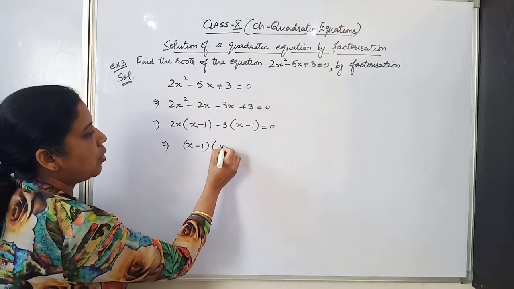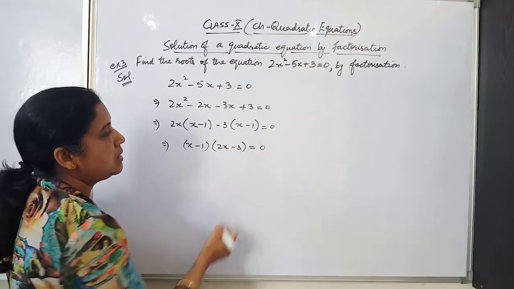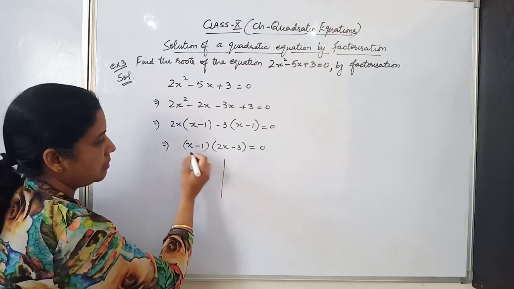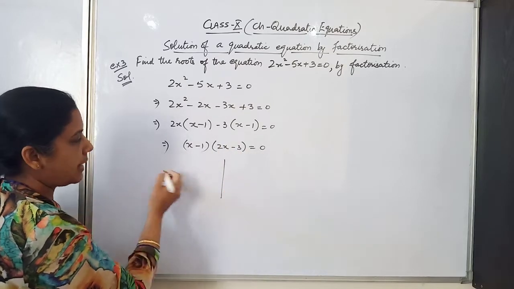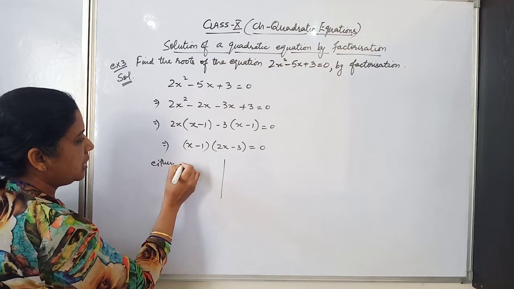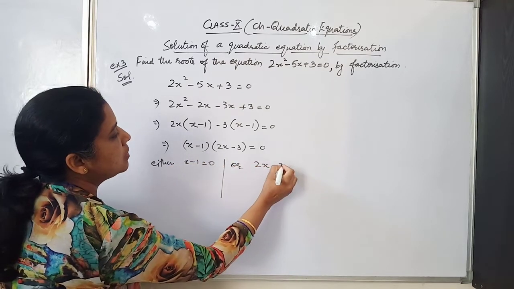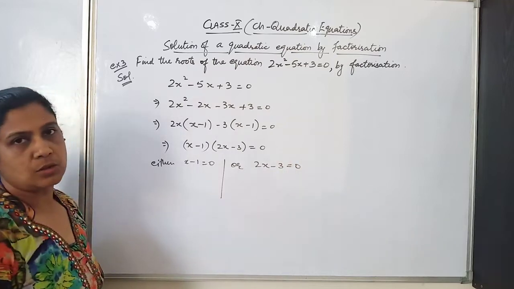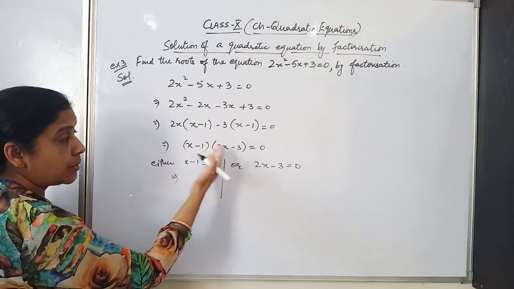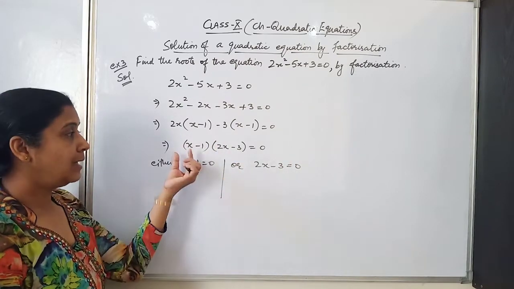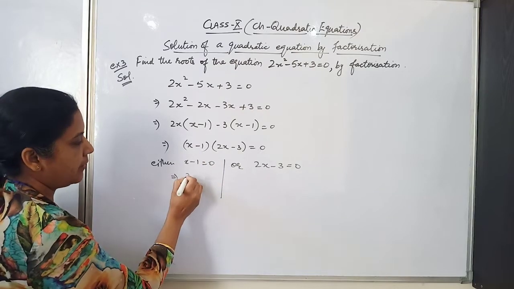If this factor common comes out, it means you are doing correct. So the product of two factors is 0, either has to be 0. So either x minus 1 is equal to 0 or 2x minus 3 is equal to 0. Because the product can be 0 only if any one of them is 0. So that's what I have taken.